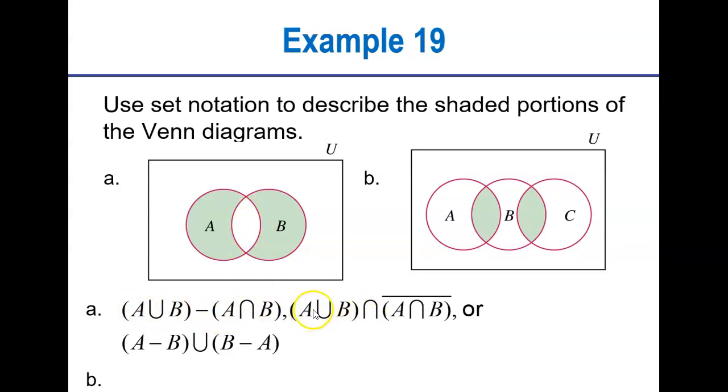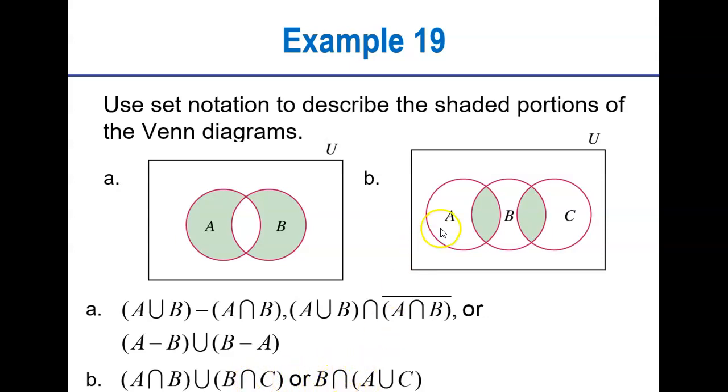Another option is saying A union B intersects the complement of A intersection B. Or we would say that the set difference of A to B union the set difference from B to A. Now for this one here, for part B, we have A, and then here is shaded, which is the intersection of A and B. And over here, this is the intersection of B and C. So we would say in parentheses, A intersection B, which is this right here, union B intersection C. Or we can look at this in terms of the distributive property, or factoring out the B intersection.